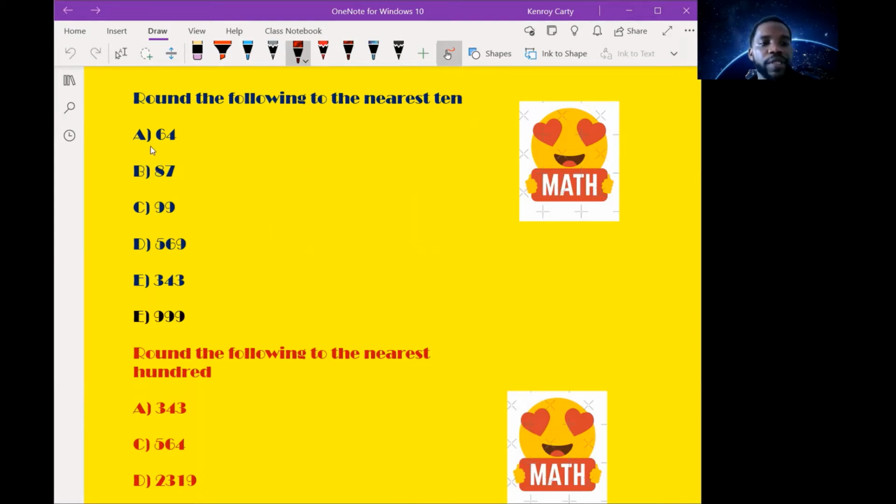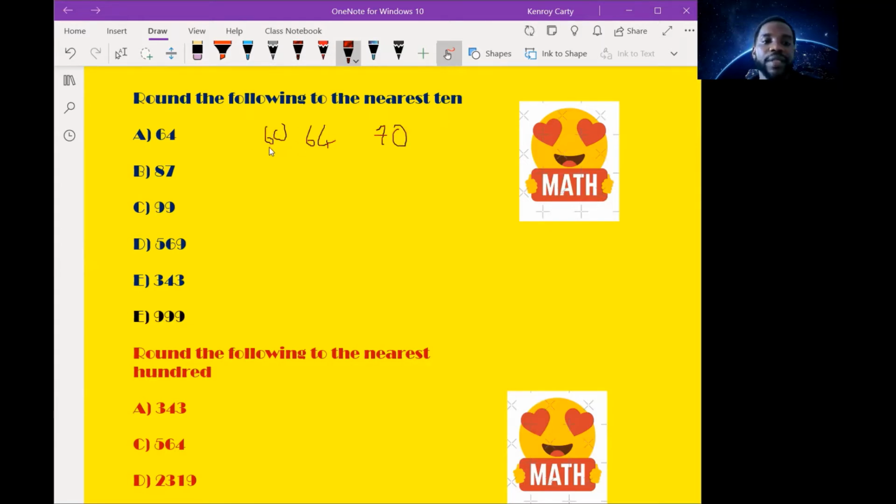Now, my first question says 64. There are different ways of looking at this. For instance, one way is to say 64 is between 60 and 70. Now the question is, which 10 is it closer to?